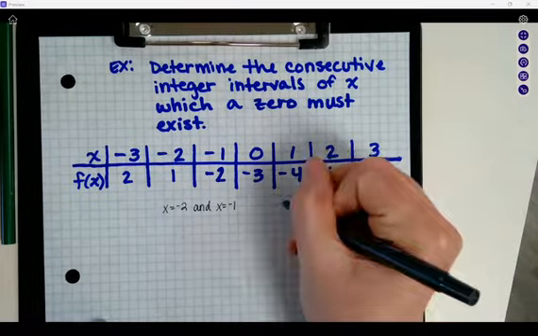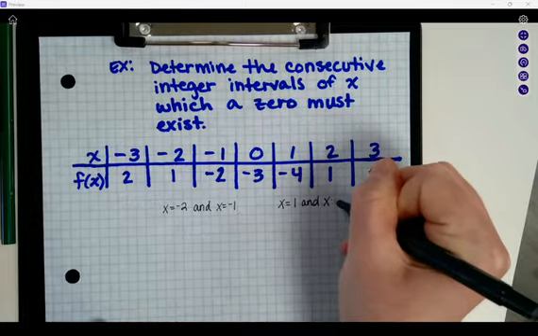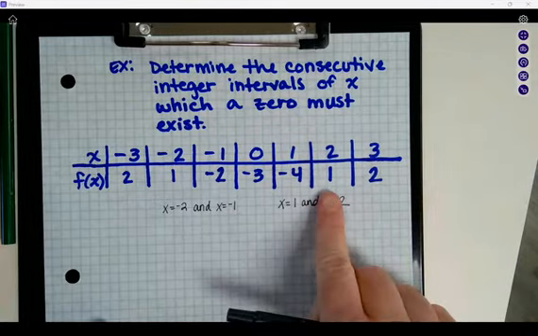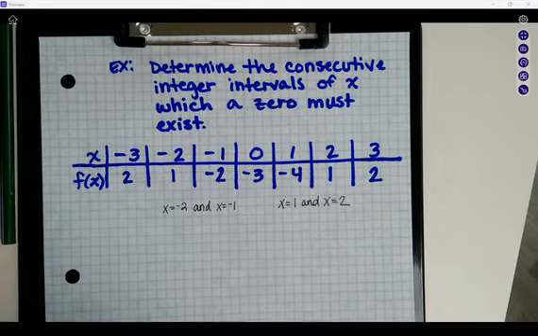So my second interval here is x equals 1 and x equals 2. And then my remaining output value stayed positive, so there was not another change in signs. So I only have two consecutive integer intervals where a zero must exist between those two values of x.